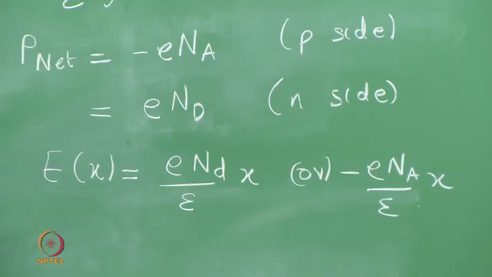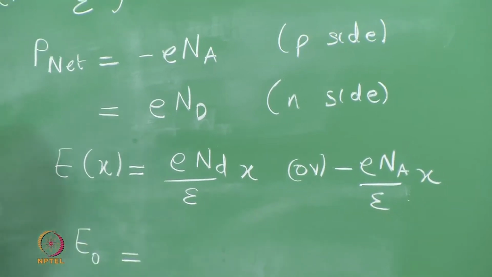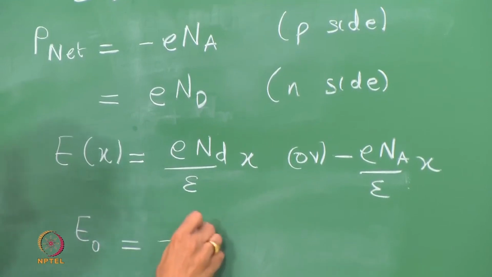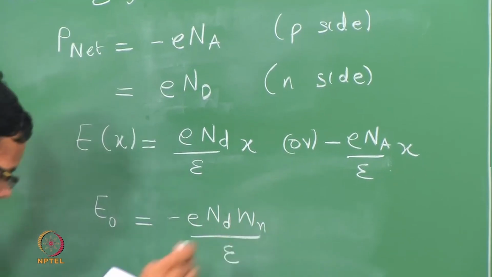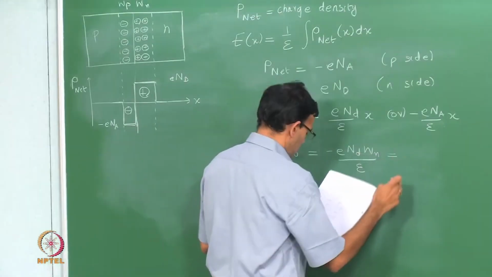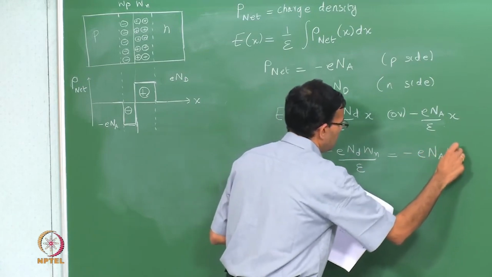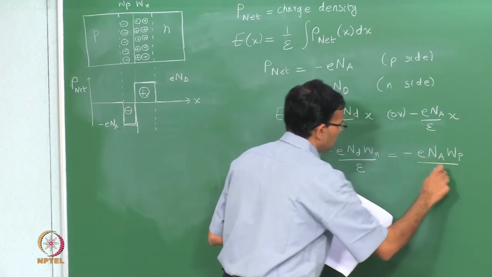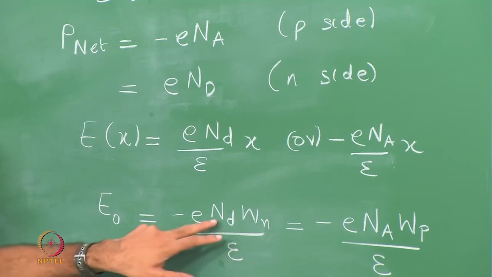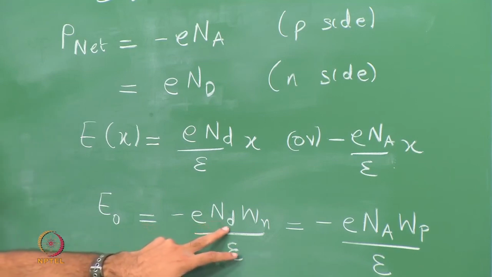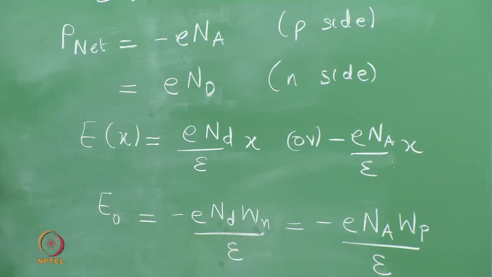We can define an E naught, which is equal to minus e Nd Wn over epsilon, which is equal to minus e Na Wp over epsilon, and these two are the same because we know that to maintain charge neutrality Nd times Wn is equal to Na times Wp.